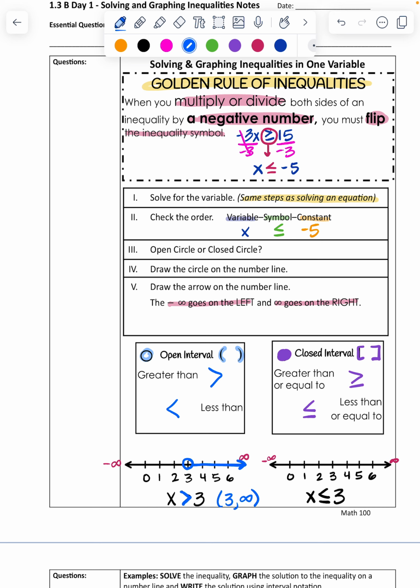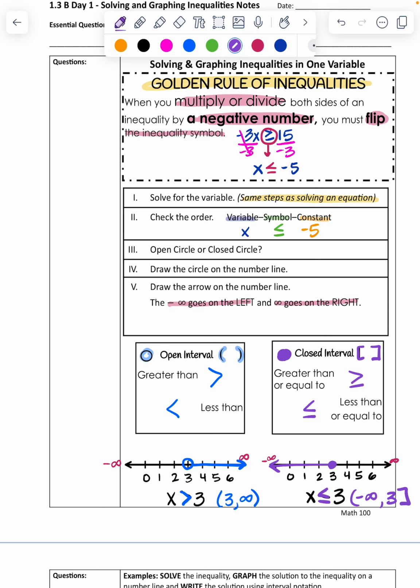But this time I will draw a closed circle because I have less than or equal to, and my arrow will point down the number line. For the interval notation, negative infinity will be on the left because that's where my arrow is pointing, with 3 and a bracket.